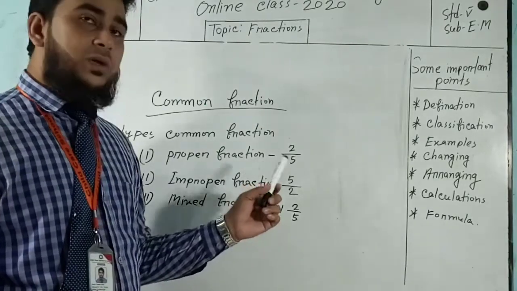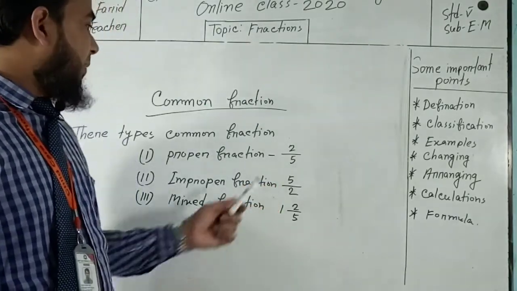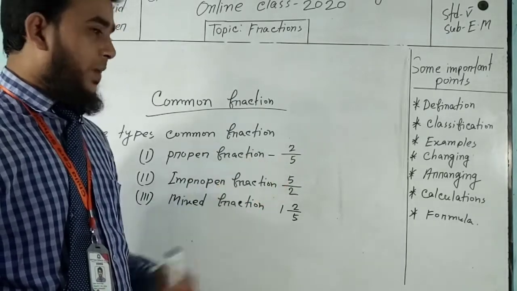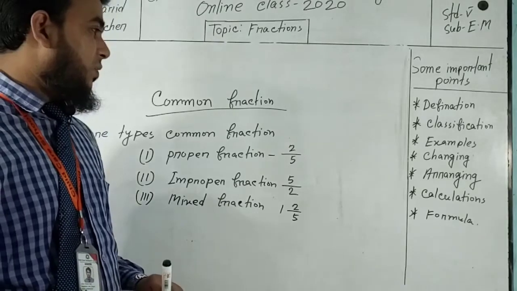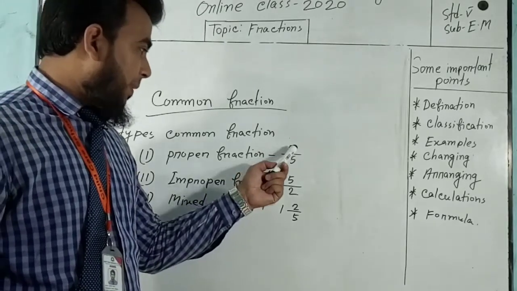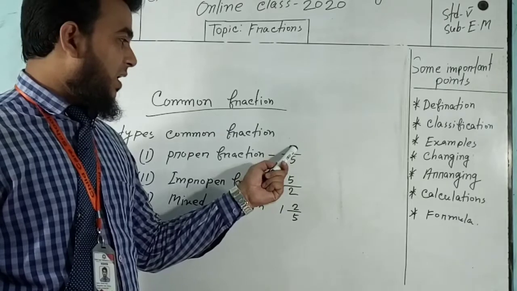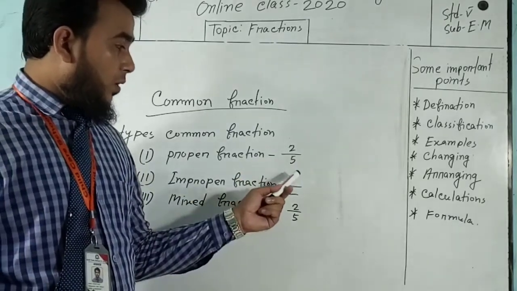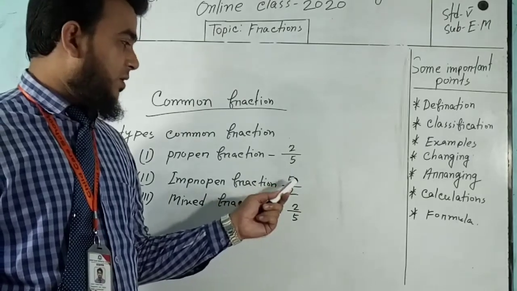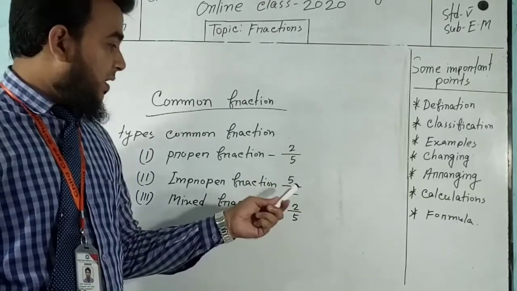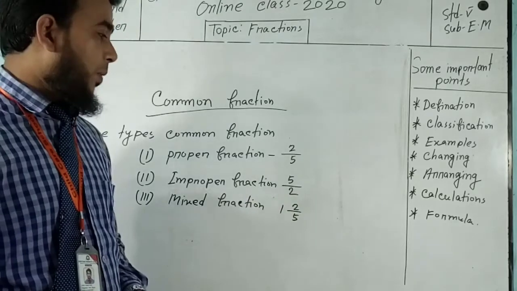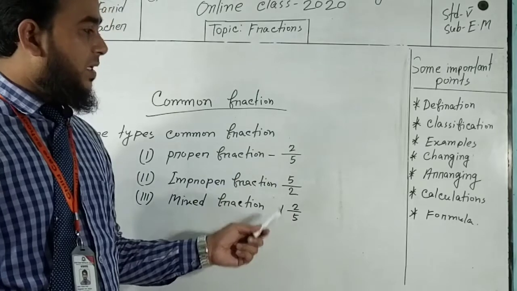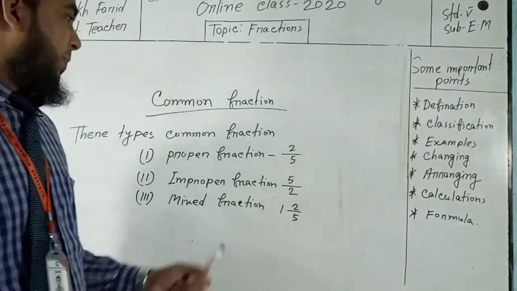Everyone please try to understand: if the lower part is greater than the upper part, or otherwise if the upper part is smaller than the lower part, then it is called a proper fraction. If the upper part, the numerator, is greater than the denominator, then it is called an improper fraction. And if we add any common fraction with an integer, then it is called a mixed fraction.